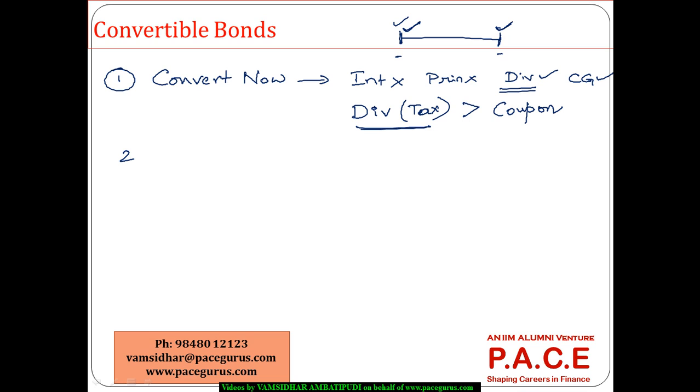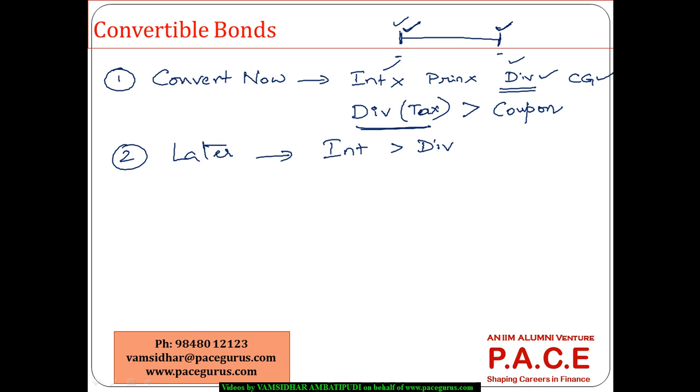But in some cases, but majority of the time what we see is this interest should be much higher compared to the dividend. So when I'm trying to convert it later, my major decision point is, yes, right now the interest that is coming is much greater than the dividend. So because the interest income is higher and higher, there is no hurry for me to convert.